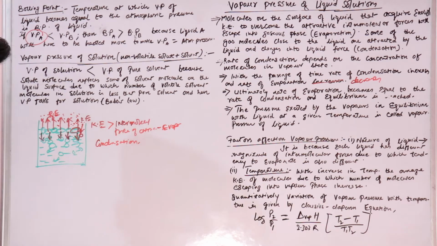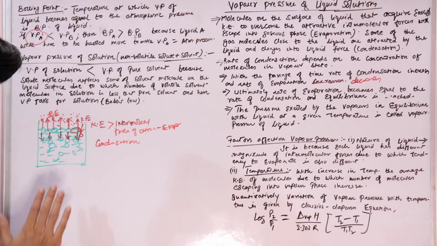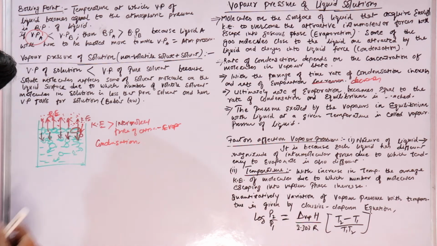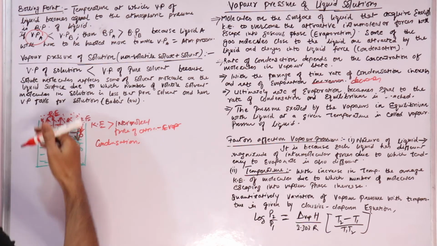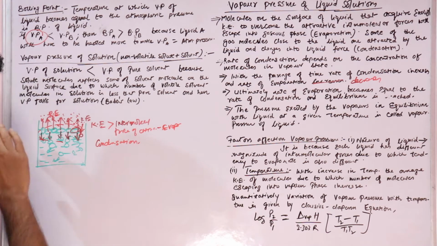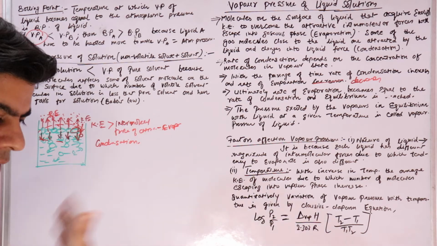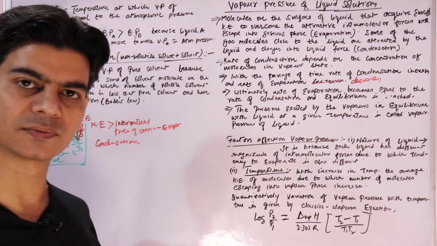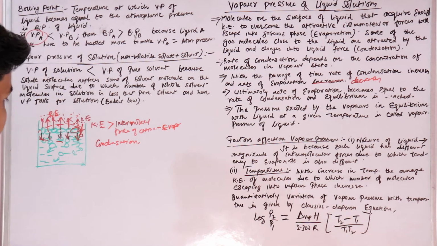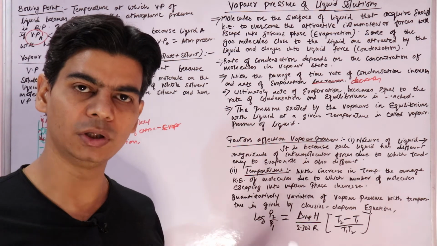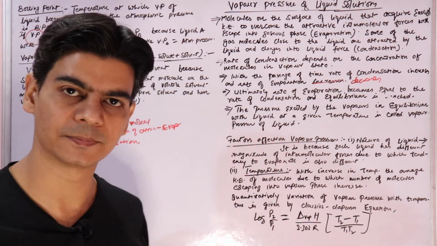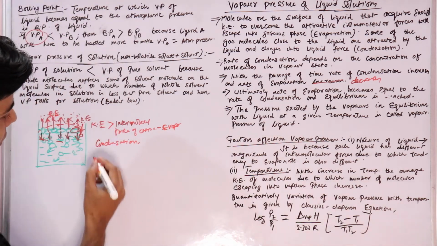Now look at this diagram again. Suppose there are some number of molecules. When some of the molecules at the surface leave or escape into gaseous form to form vapors, the mean kinetic energy of the molecules will decrease.